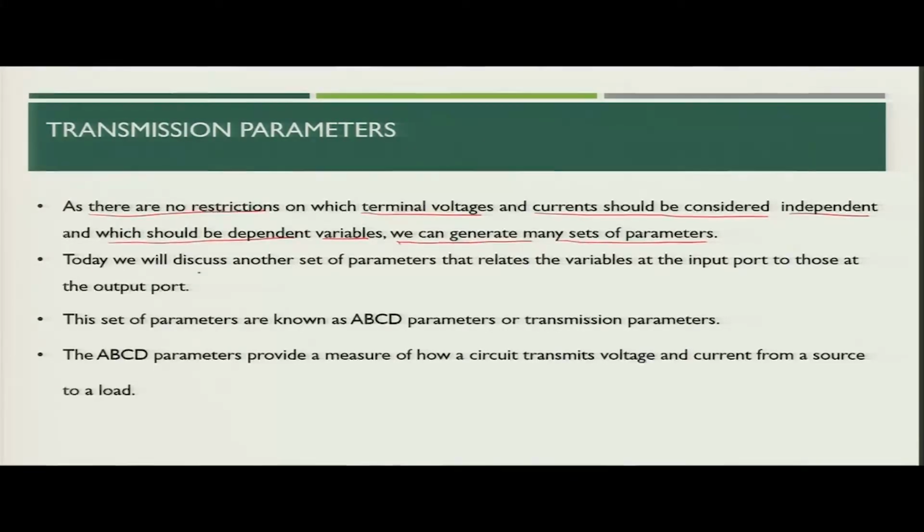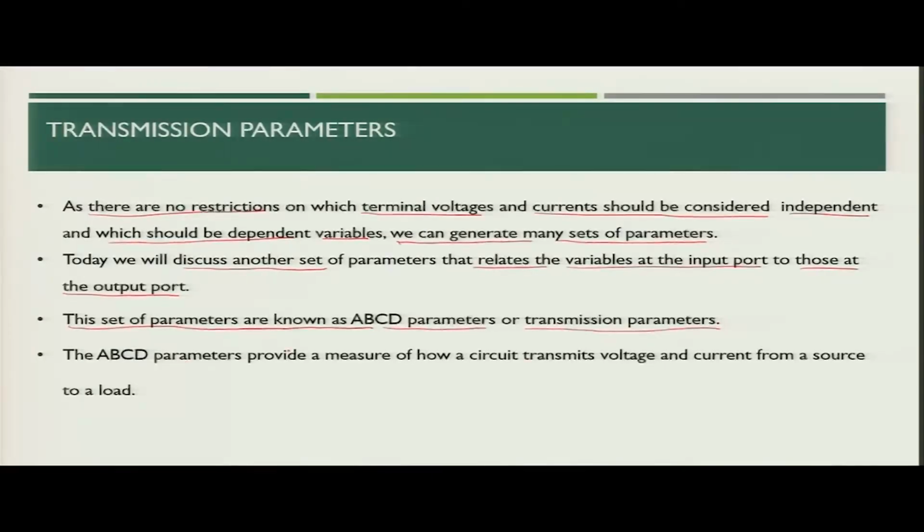Today we will discuss another set of parameters which relates variables at the input port to those at the output port. That means V1, I1, the variables at the input port, will be related with the output port variables V2 and I2, and these parameters are known as ABCD parameters, or transmission parameters.